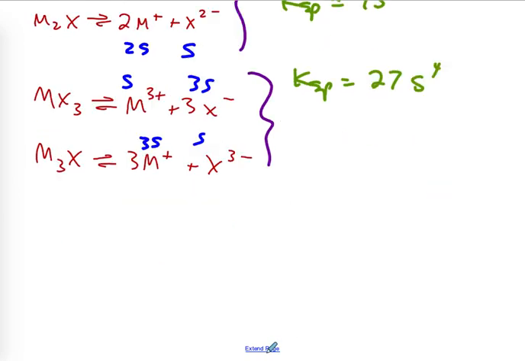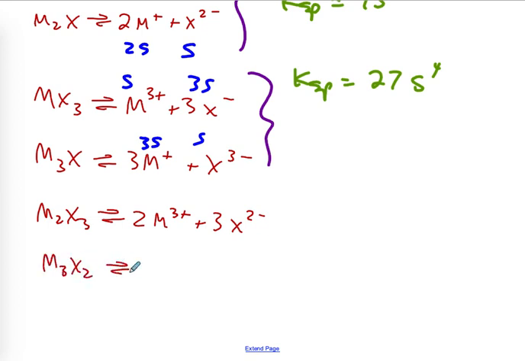And then finally, if I have M2X3 in equilibrium with 2M3+ plus 3X2-, or M3X2 in equilibrium with 3M2+ plus 2X3-, or MX4 in equilibrium with M4+ plus 4X-.